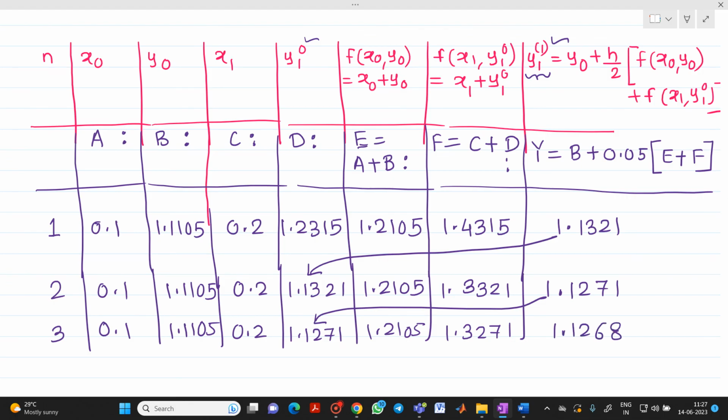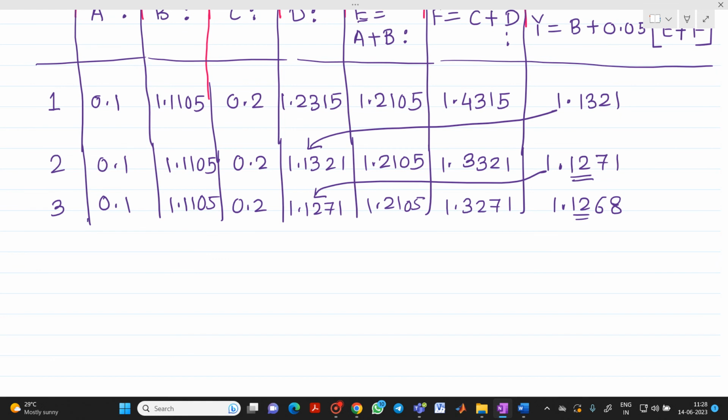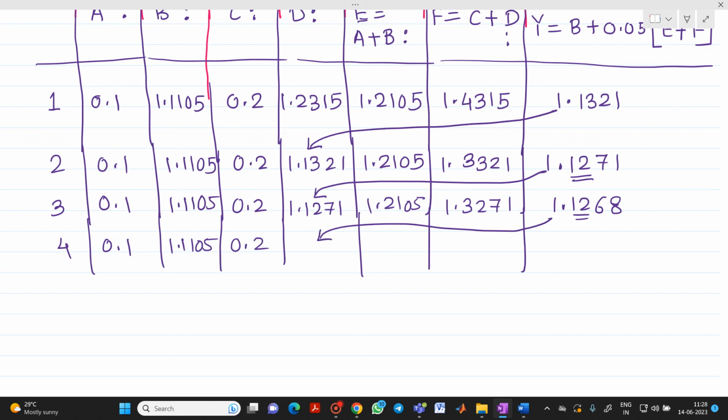So if you see, up to 2 decimal places after the decimal point, you got the same answer, that is 1.12, 1.12. But as it is expected to go up to 4 decimal places, we will do it again. Now whatever the value is here, we write 1.1268. If we solve it, we get 1.2105 as it is, and here 1.3268.